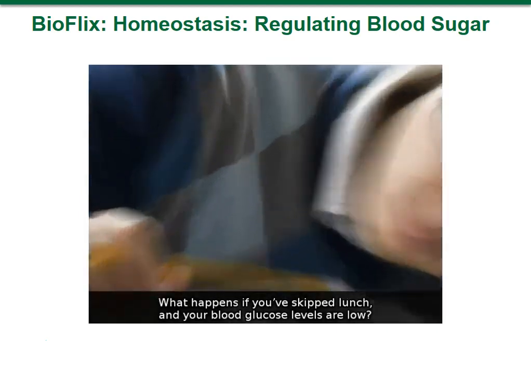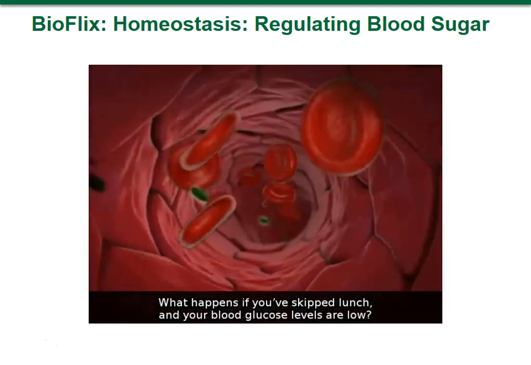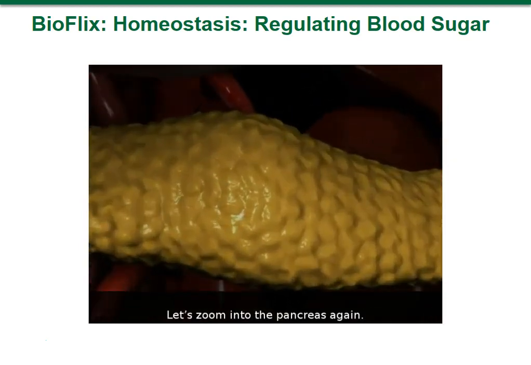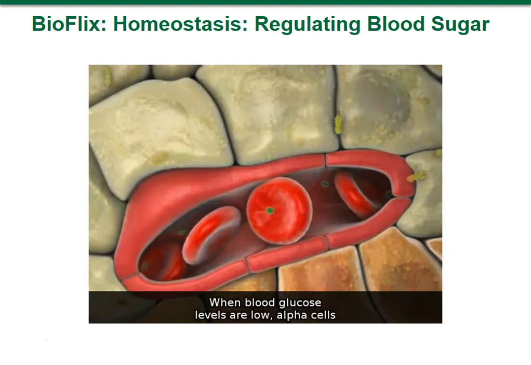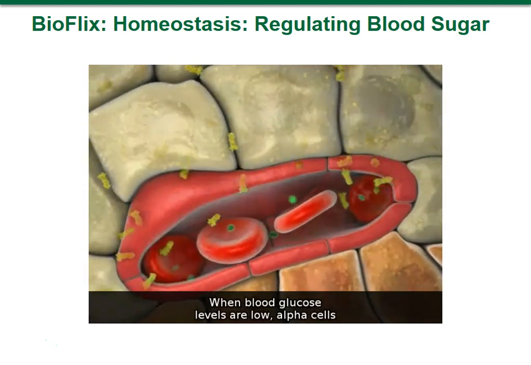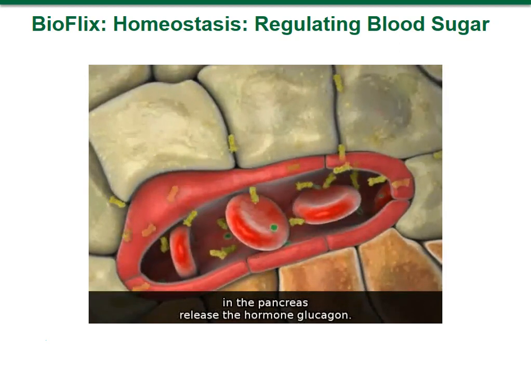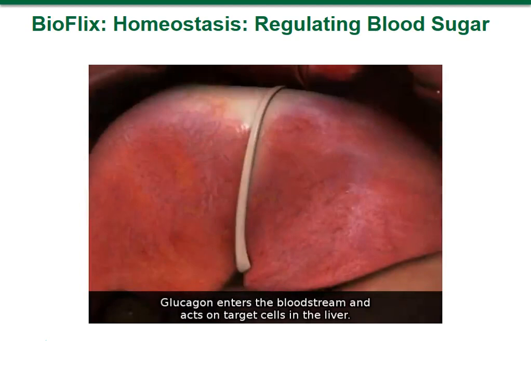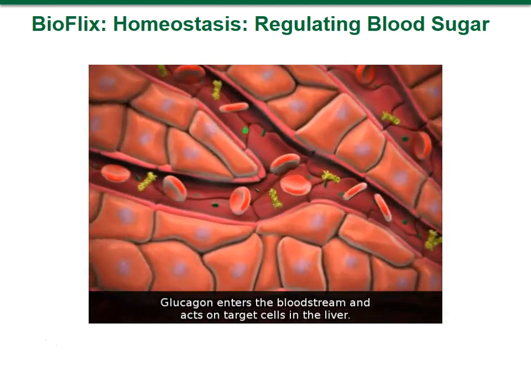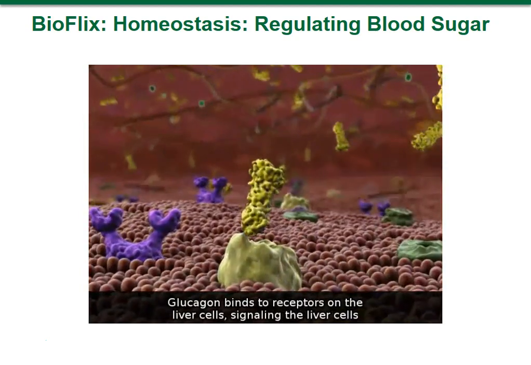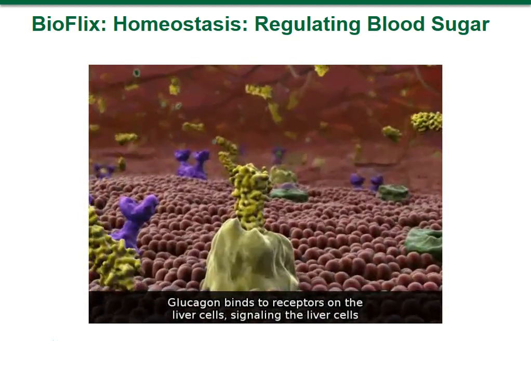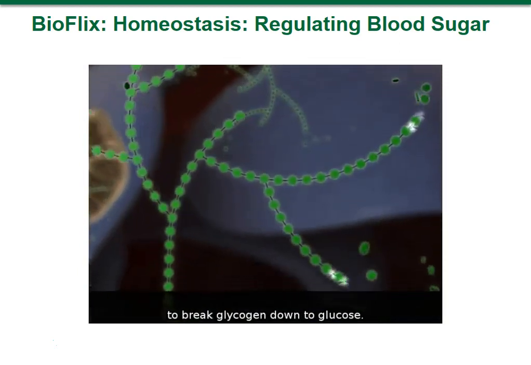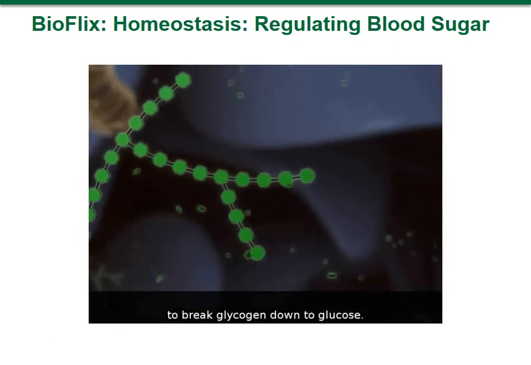What happens if you've skipped lunch and your blood glucose levels are low? Let's zoom into the pancreas again. When blood glucose levels are low, alpha cells in the pancreas release the hormone glucagon. Glucagon enters the bloodstream and acts on target cells in the liver. Glucagon binds to receptors on the liver cells, signaling the liver cells to break glycogen down to glucose.